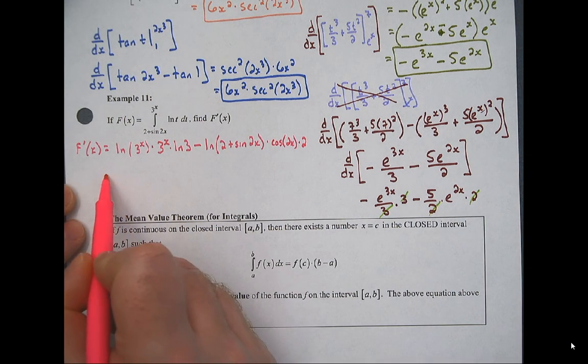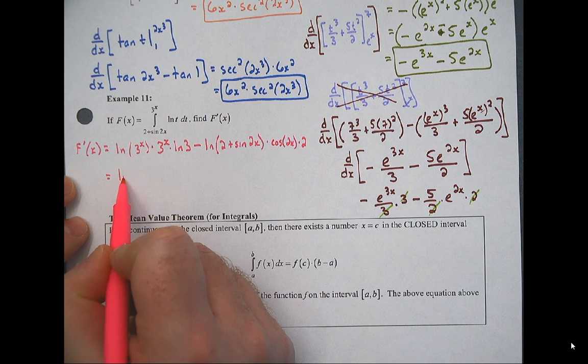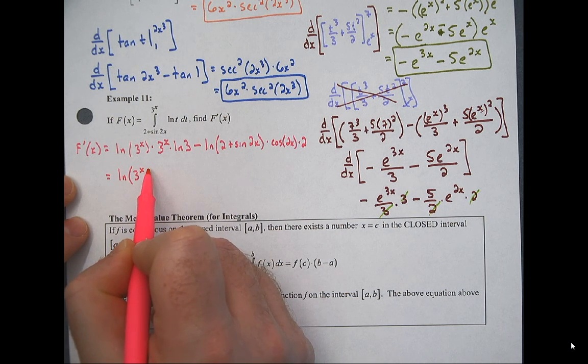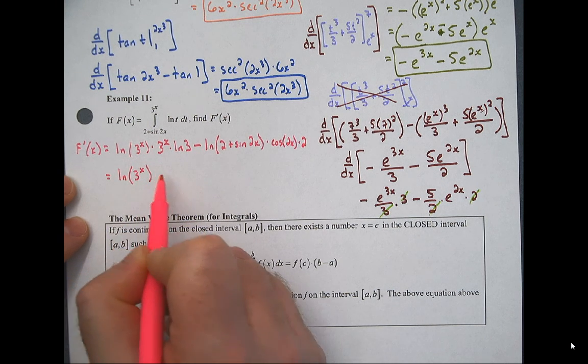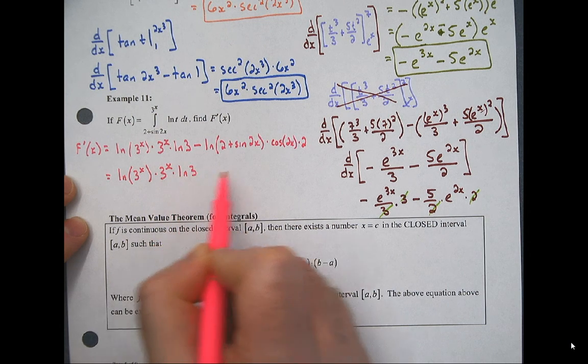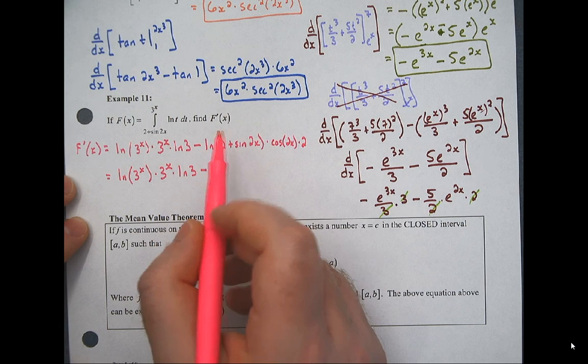Okay, so let's see if we can clean this all up. What would be the nicest way to write this? There is no nice way here. I'm just going to smash this all together. Natural log of 3 to the x. I suppose, yeah, I'm not going to worry about it. Times, let's at least push the 2 out in front.